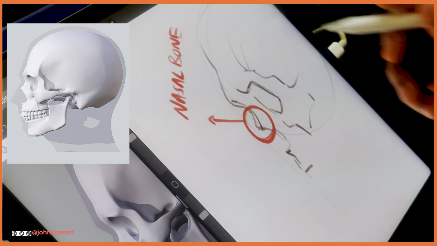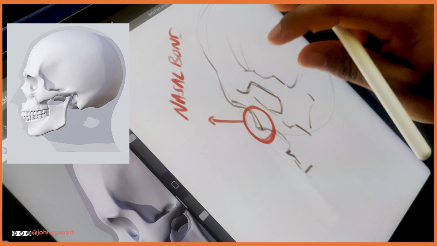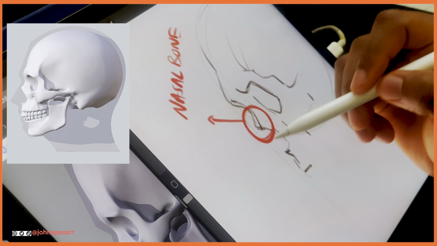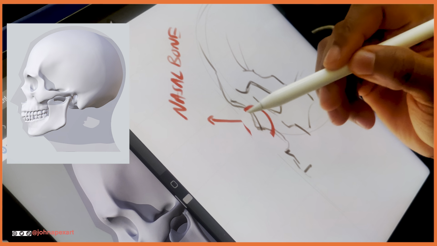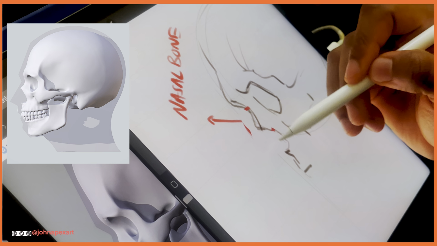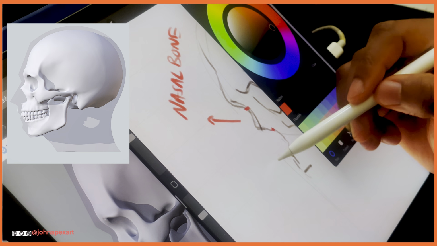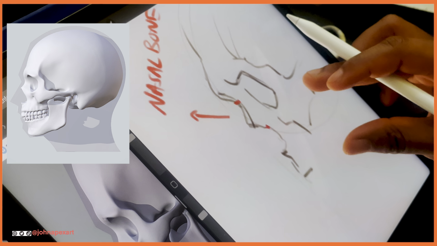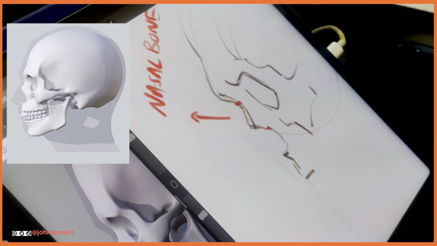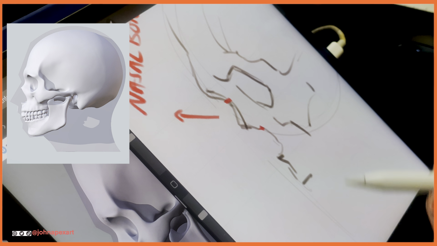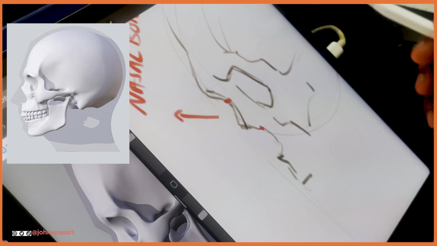You can feel that fleshy area, and you feel that the uppermost area is much harder than the rest of your nose, and this is because it is part of the skull, right? It is pure bone.